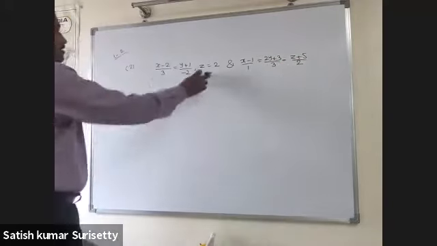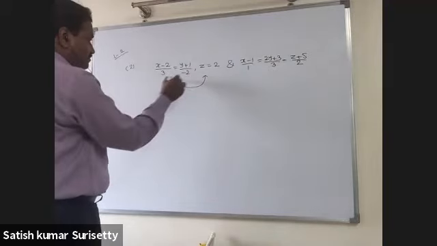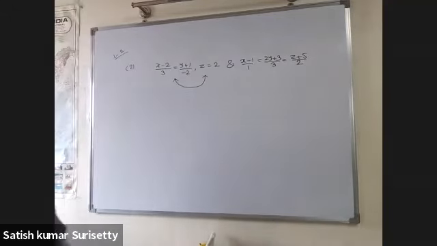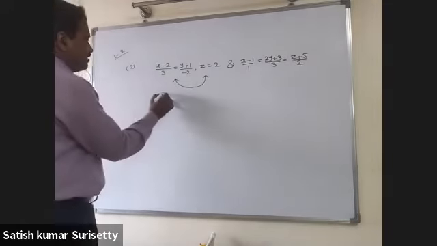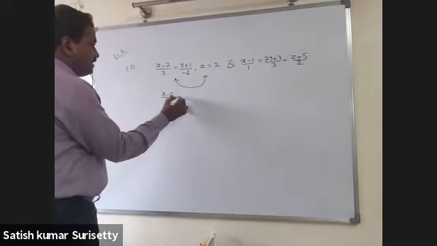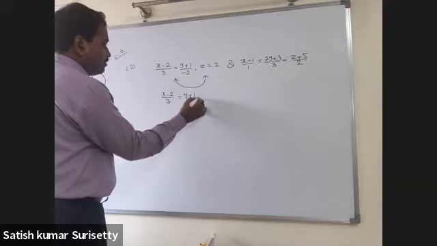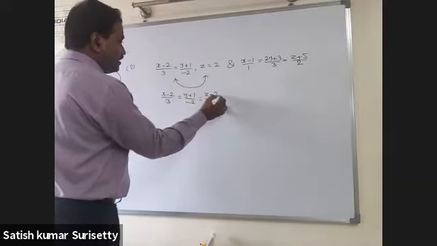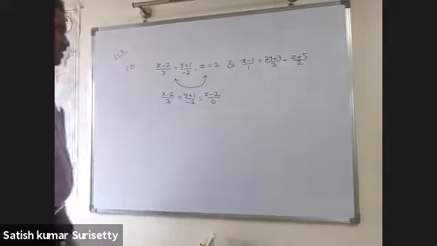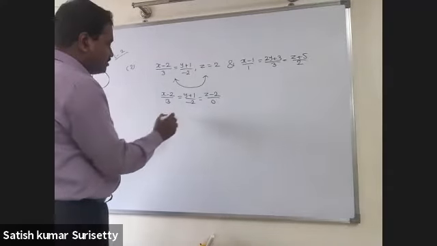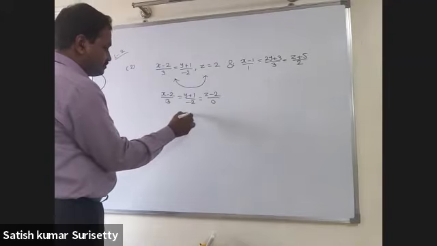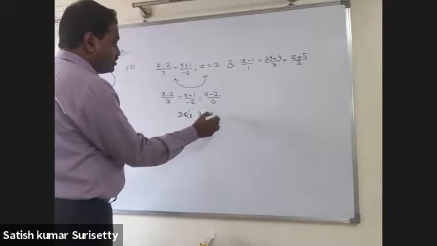Now, how to combine these two? z minus 2 by 0. Correct. So x minus 2 by 3, y plus 1 upon minus 2 equal to z minus 2 upon 0. That means here the direction ratios will be 3, minus 2, 0.